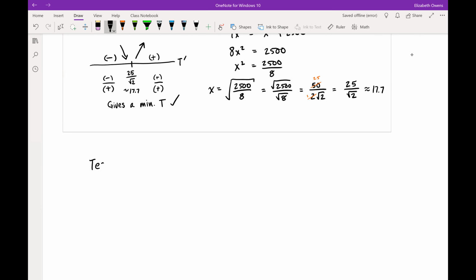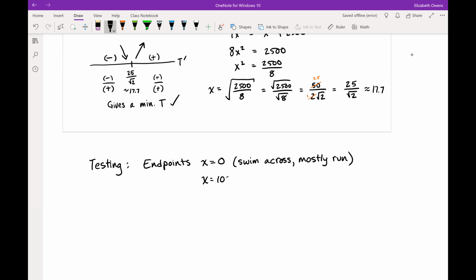So testing, and I'll make a note that we're looking at our endpoints here. X equals 0, which was to basically swim across and run the rest of the way. Okay, swim across and then mostly run.